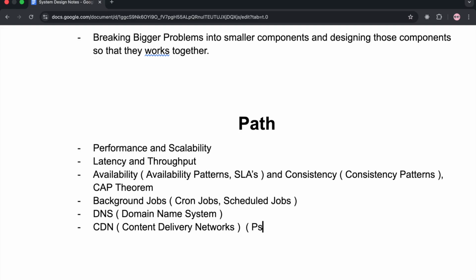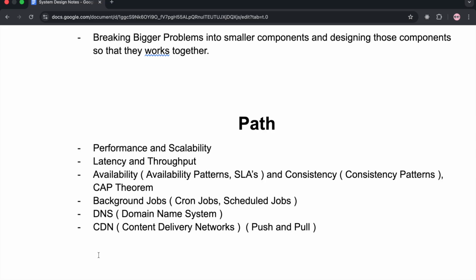CDN is a distributed network of proxy servers, which we will discuss in detail. It serves the content from a location closer to the user, so that the user gets the data very quickly without much delay, right?